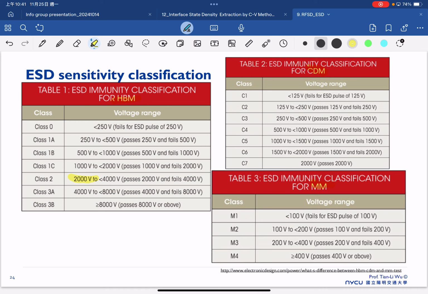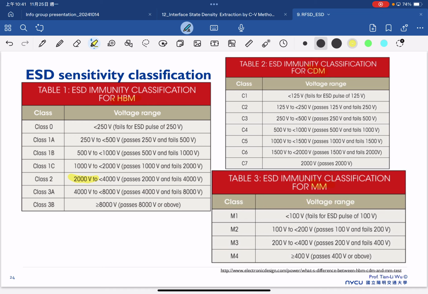So if you look at the data sheet when you try to purchase an IC component on Mouser or Digi-Key, if you have been working in PCB design or soldering, or try to buy some gate driver and so on, you can look at Mouser and Digi-Key.